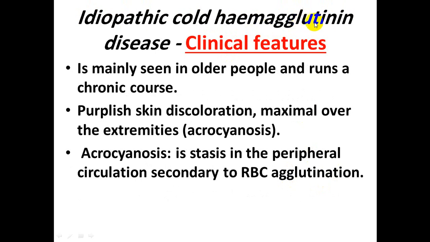Idiopathic cold agglutinin or hemagglutinin disease. The clinical feature is mainly seen in older people and runs a chronic course. Purplish skin discoloration, maximal over the extremities, called acrocyanosis.